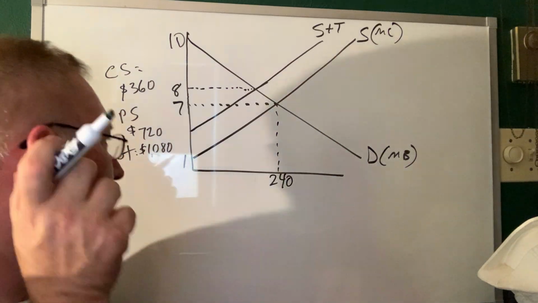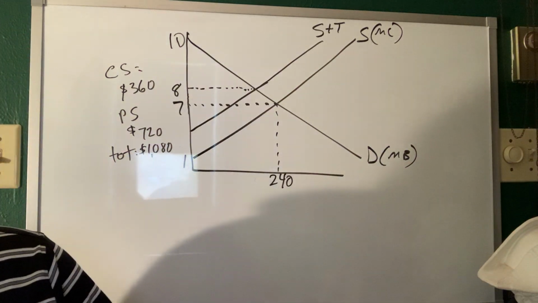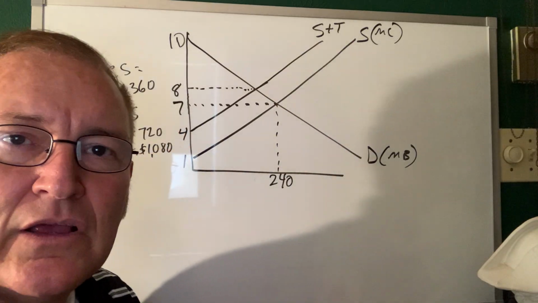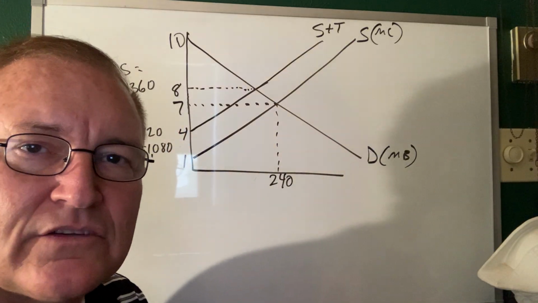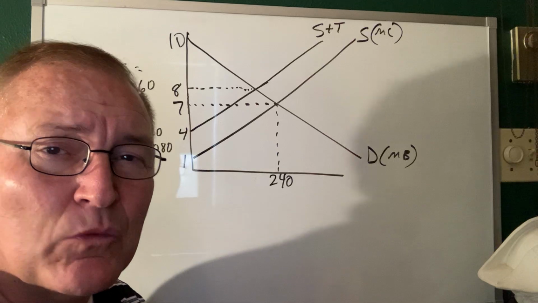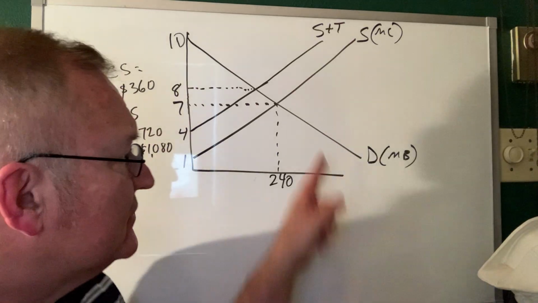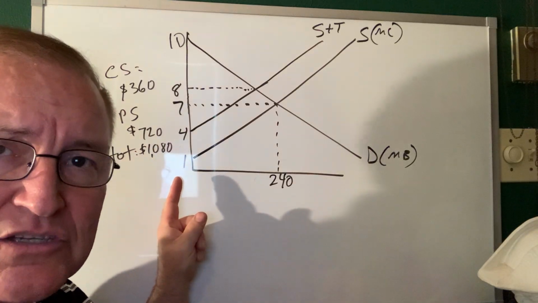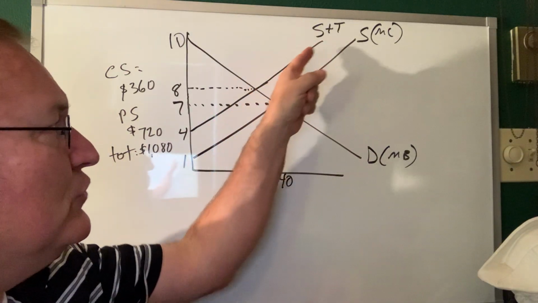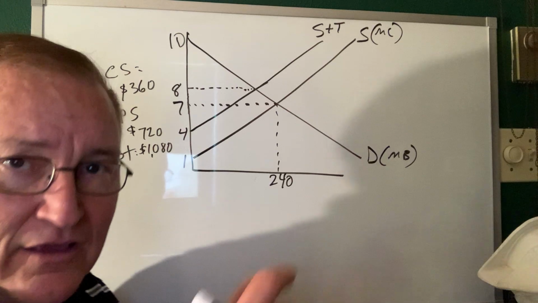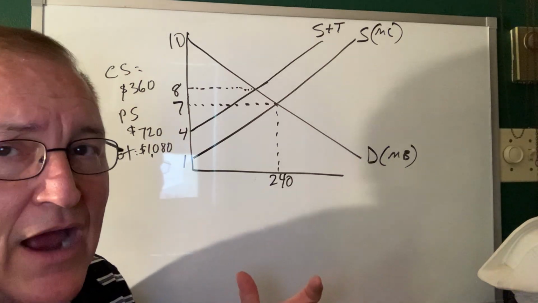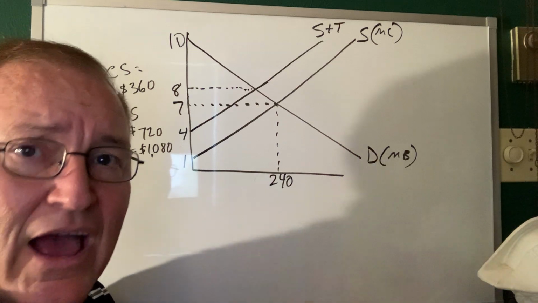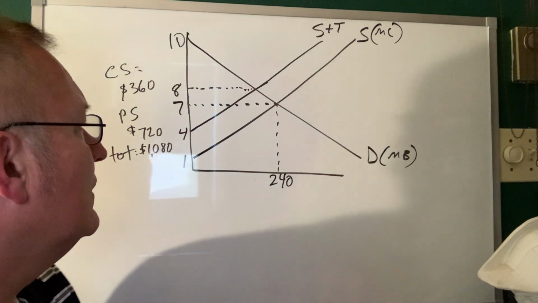The best way to determine the actual tax is to look where the original supply or marginal cost curve intersects the axis, then look where the new one with the tax added intersects, and just subtract. In this case, 4 minus 1 is 3. So the tax in this case is going to be 3.